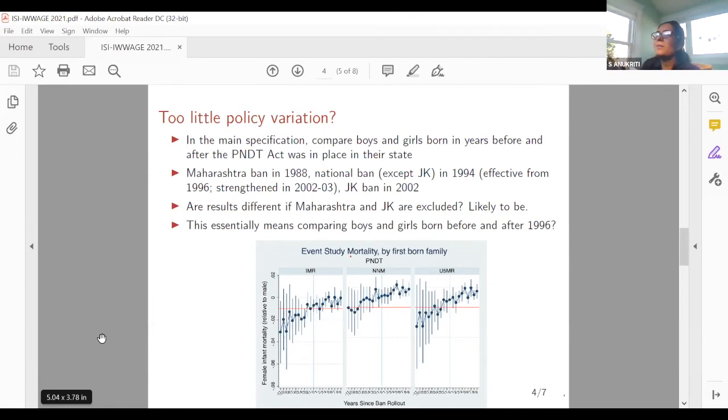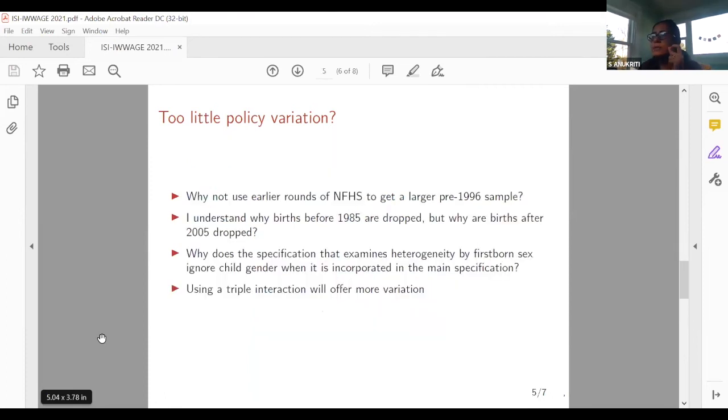So my advice would be to introduce another source of variation which you can actually use, the firstborn girl, because what I feel you are doing is running two types of specifications. One is where you compare boys and girls before and after the ban. And then you have a separate specification where you compare children in firstborn girl versus firstborn boy families before and after the ban.